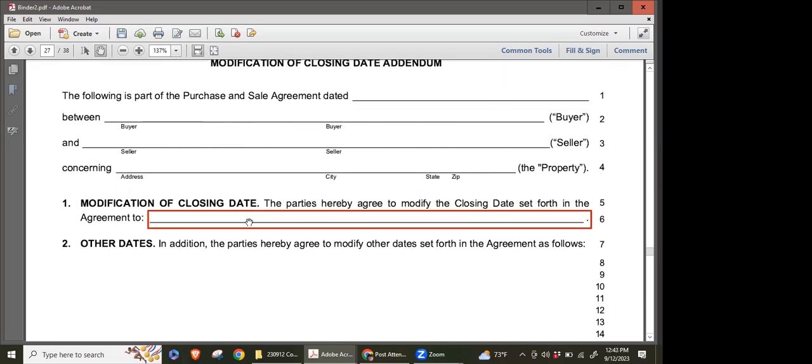22Y. Once again, I look, and on here it says make sure it is date specific and not "on or before." It's just not professional. It creates ambiguity. If a buyer wants to get in there 10 days early and their loan has gone through and they're ready to finance it, and the sellers realize, oh my gosh, I'm barely going to get out of here by closing, then you've got a potential problem there.